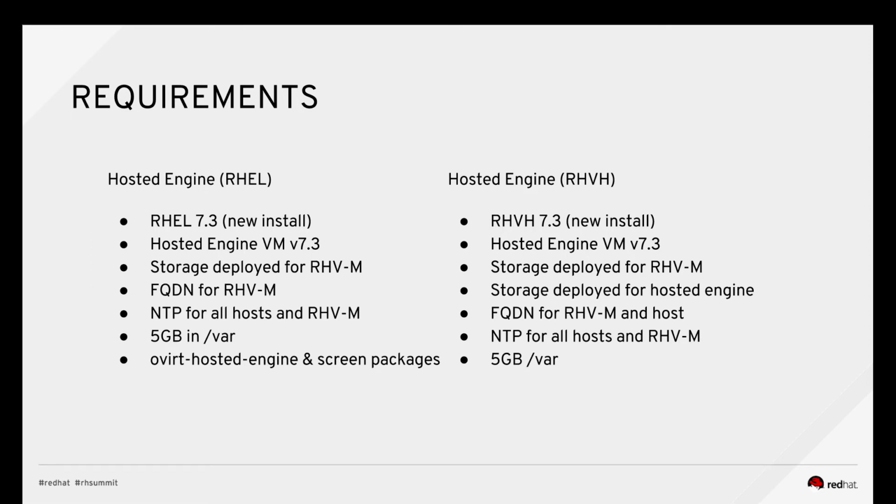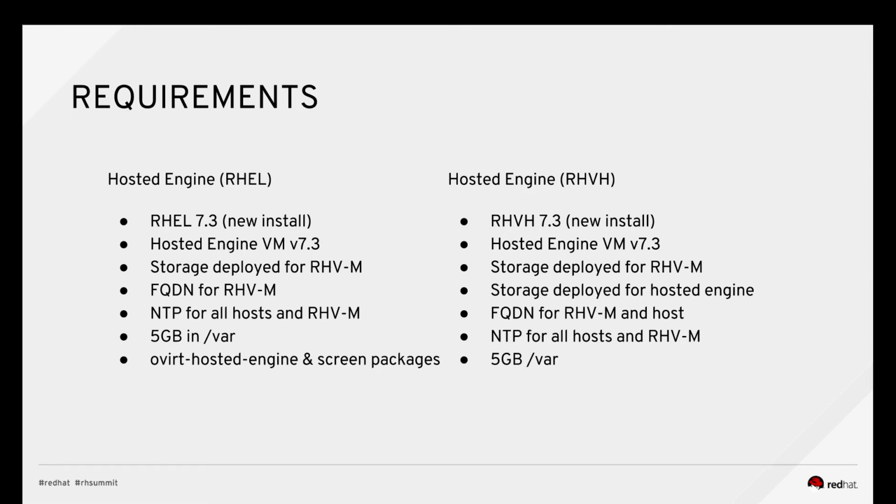NTP is not required, but it is highly recommended for all of the hosts and for RHV-M. And you need to have 5 gigs of storage ready in var, and that is for the OVA image for the virtualization appliance, for the RHV-M appliance to expand. And you need to have the oVirt hosted engine and screen packages ready to go as well.